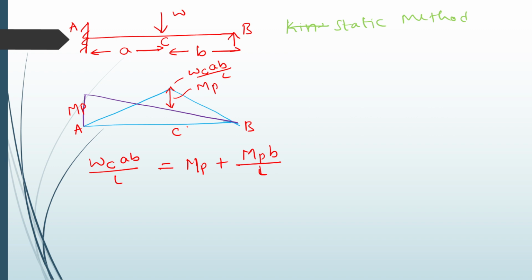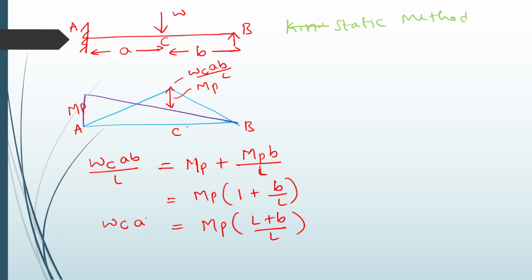Taking MP common out of these two, the equation is MP into B by L plus the remaining B by L term. Taking the LCM, it becomes MP into L plus B divided by L, which equals WC into AB divided by L.